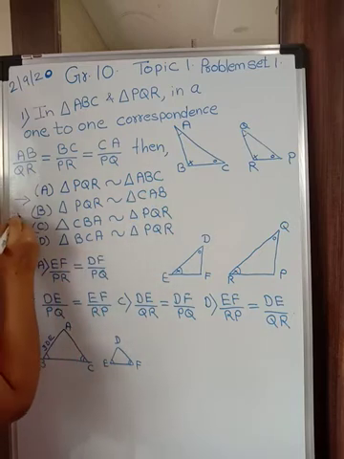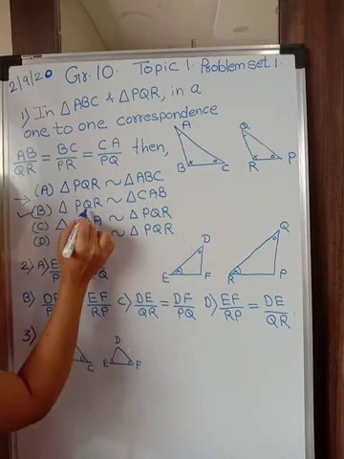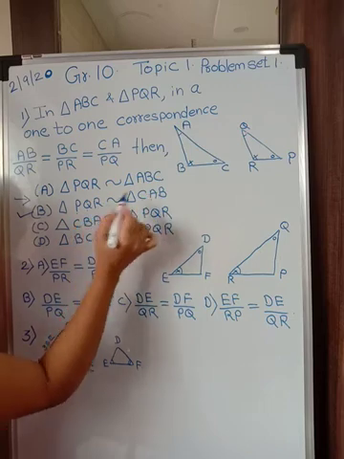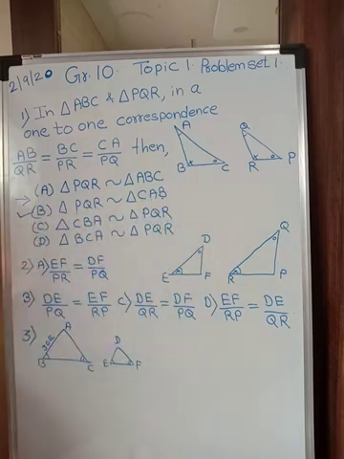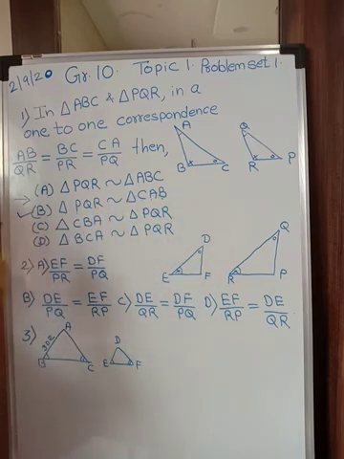See over here, angle P is matching with angle C, angle Q with angle A, and angle R is matching with angle B. So B is the correct option. Otherwise, in all other possibilities, it doesn't match. This is the way you find out which triangles are similar in one-to-one correspondence. So, in a one-to-one correspondence, you should be writing triangle ABC and PQR.